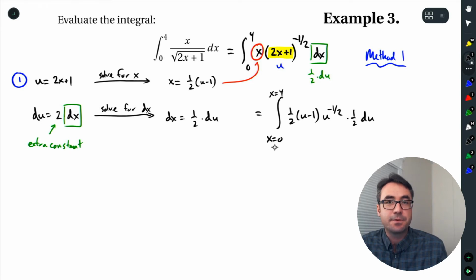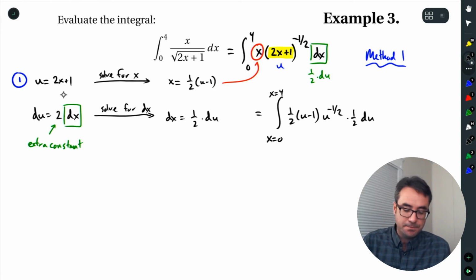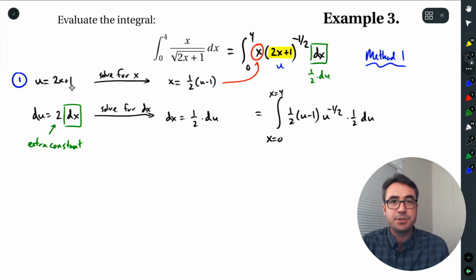And then same thing for the lower limit. Take x equals 0, plug it in, you'd get 2 times 0 plus 1, so u is equal to 1 would be your lower limit. So either way, however you want to do it, just be consistent. If you're leaving these limits of integration in terms of x, just make sure we convert our antiderivative back.